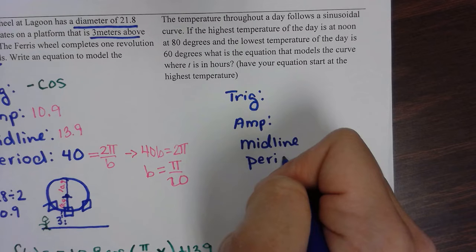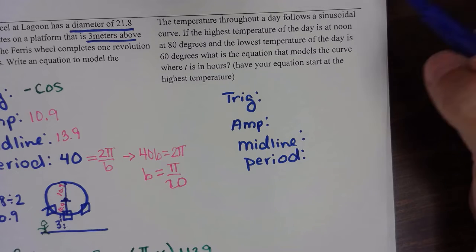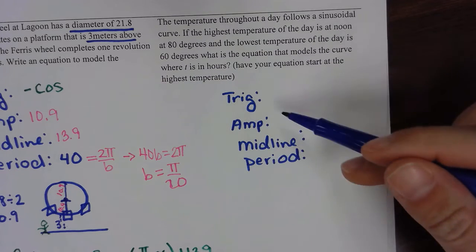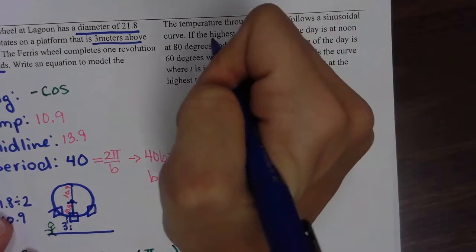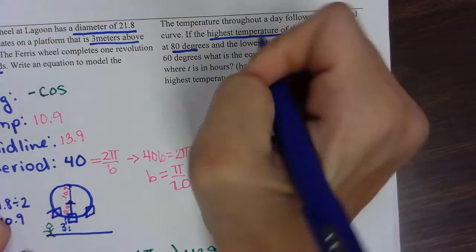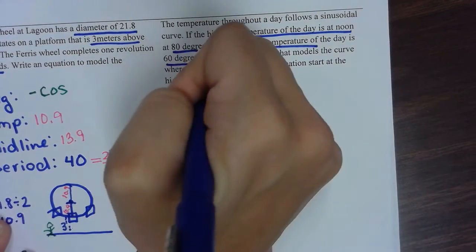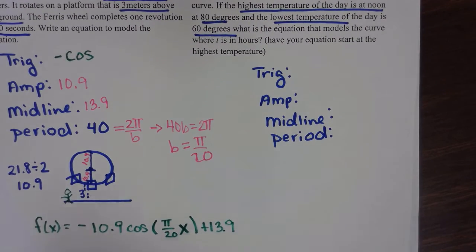The temperature throughout a day follows a sinusoidal. Now don't forget, that doesn't mean use a sine. It just means it's that wave curve. The highest temperature of the day at noon is 80 degrees, and the lowest temperature is 60. Okay, what does that give us?